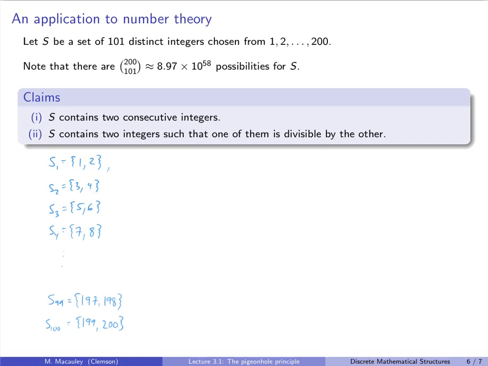So we are placing 101 pigeons in these 100 holes. So at least one hole, meaning one Si, which is 2 consecutive integers, I'm not going to do the math to figure out what indices these are, must contain 2 elements from S. So that's why this is true from the pigeonhole principle.